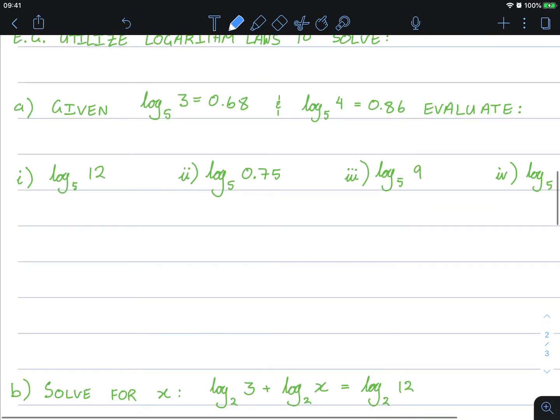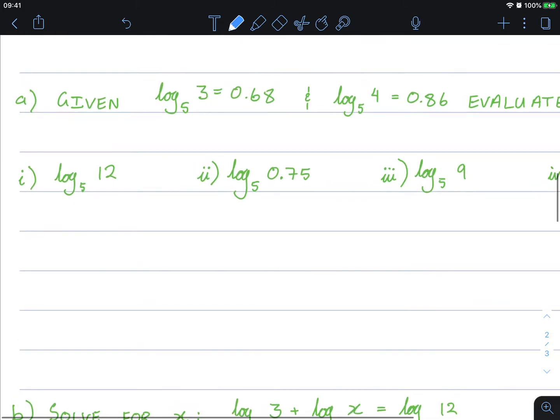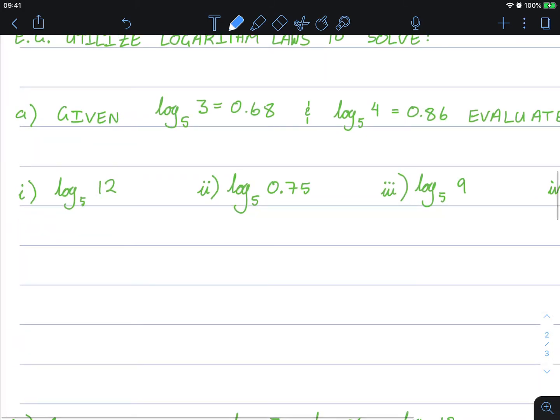Okay, well, we don't know what log base 5 of 12 is, but we do know that this is the same as log base 5 of 3 times 4.